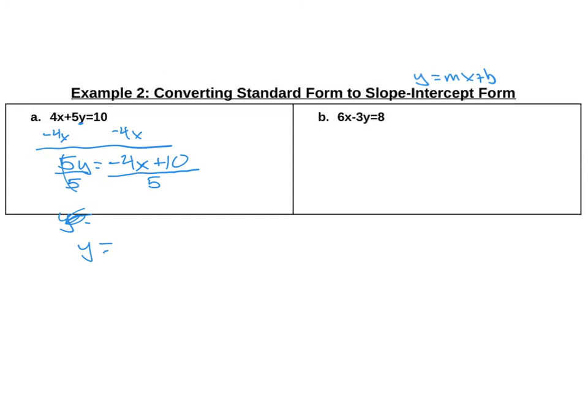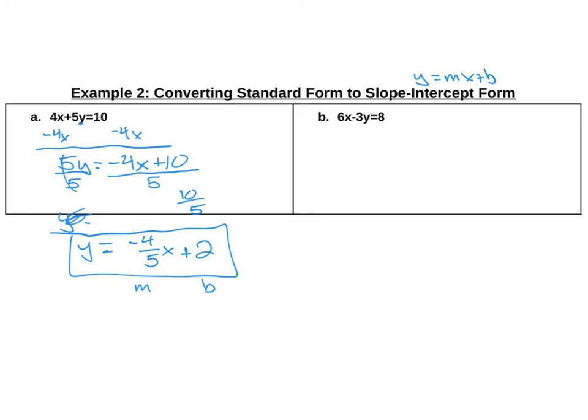When we divide the negative 4, again, we don't really want to simplify unless we can reduce, but we don't want decimals. And then when we look at this one, this is going to really be like 10 divided by 5. So that one can be simplified to a plus 2. And now we are back to our slope-intercept form, which also would be an alternative of, again, finding our slope and finding our y-intercept. And again, we're going to want to be able to make sure we do these.